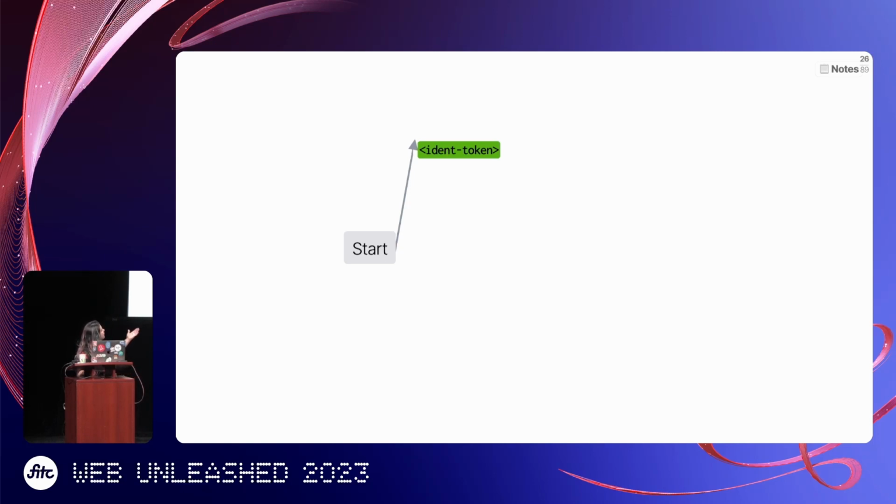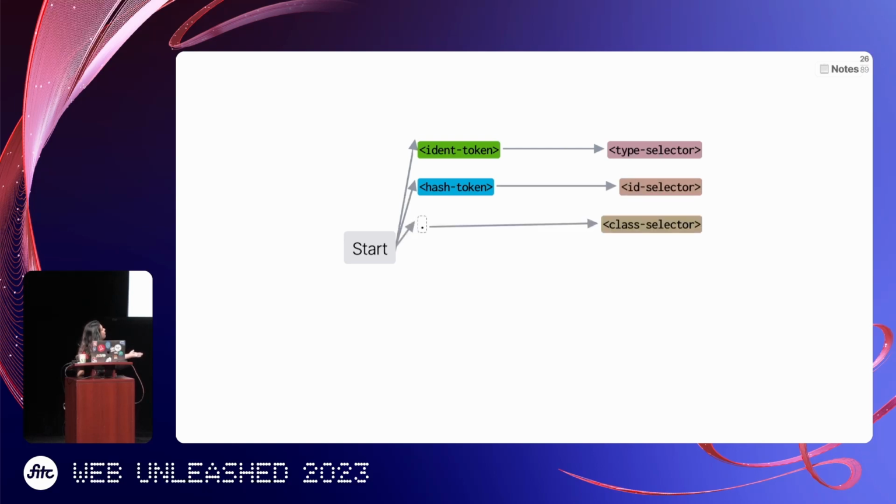But if we read an ident token, we know that we have a type selector, right? There's nothing else we can have. Then if we read a hash token, we know we have an ID selector. If we read the period, we know we have a class. Very unambiguous. If we read a bracket, then we know we have an attribute selector. I'm not covering incorrect code here, but as long as the code is correct, we know what we have. If we read a colon, then we need to also look at the next token.